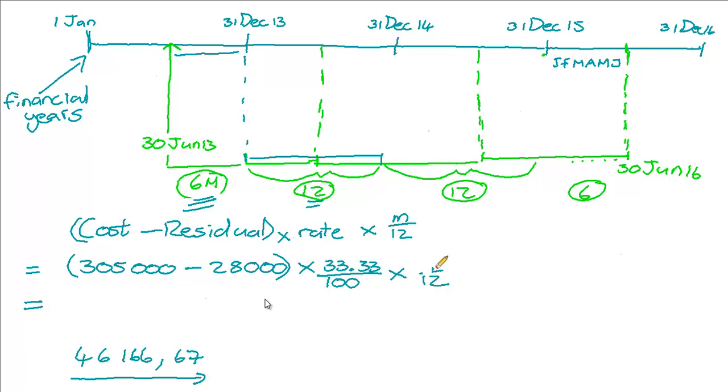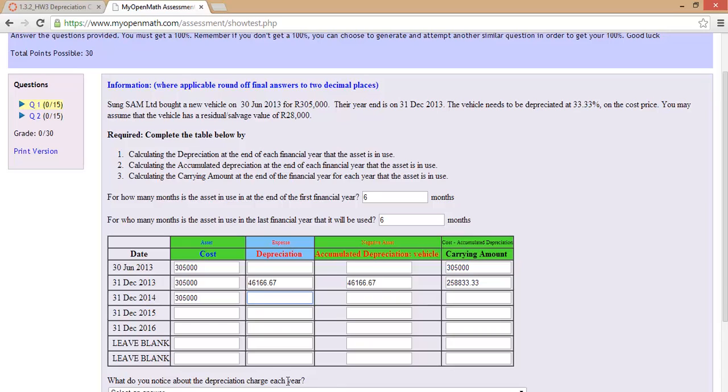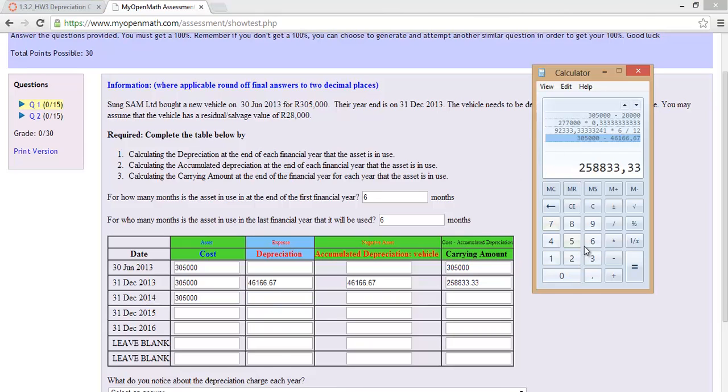In my second year, this figure here becomes a 12. And my answer then changes to, if I punch that in the calculator, 305,000 minus my residual 28,000 equals 277,000.